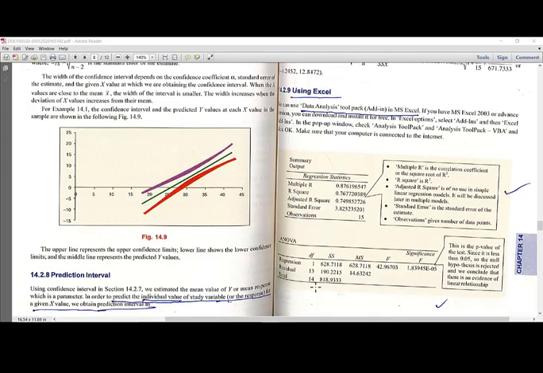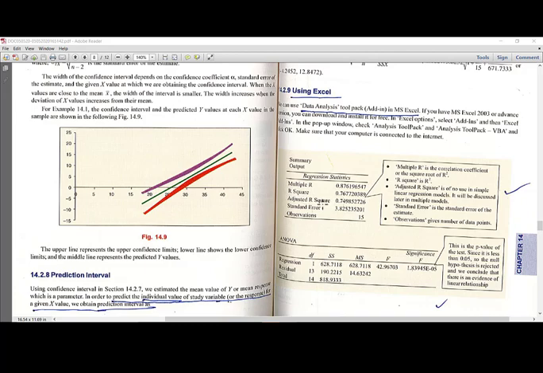In the summary output you can see regression statistics: multiple R, R square, adjusted R square, standard error, observations. Multiple R is the correlation coefficient, or the square root of our coefficient of determination, capital R square. And R square, in words it is written, is actually our capital R square.